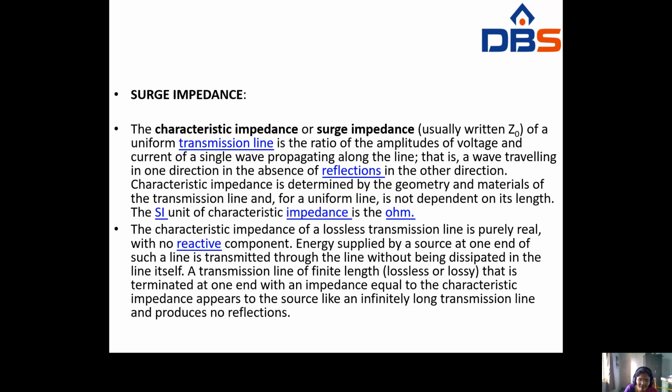Whenever we take a transmission line of finite length without losses, terminated with an impedance equal to the characteristic impedance, it appears to the source like an infinitely long transmission line with no reflection. This is nothing but the surge impedance.